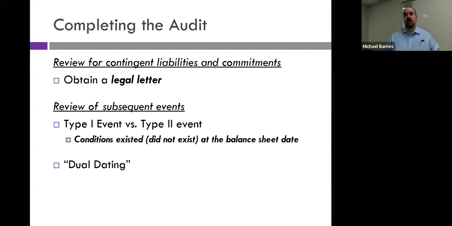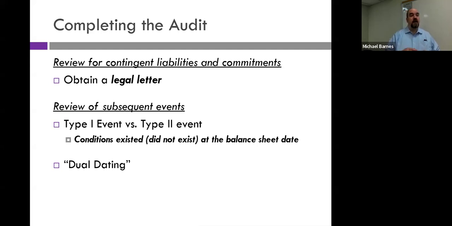Type 2 events, at minimum, are going to require disclosure in the financials. Now remember, type 2 events are something that we did not know about as of the balance sheet date. So there's something brand new that comes up. They're still important to stakeholders. They would want to know about them in the annual report, but they took place after the period end. So minimum disclosure.